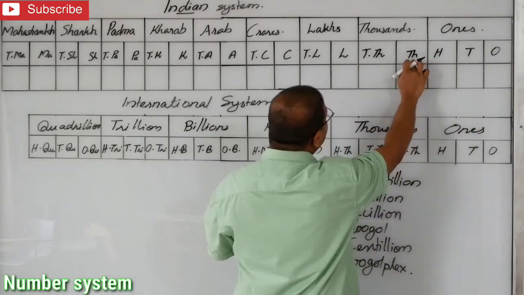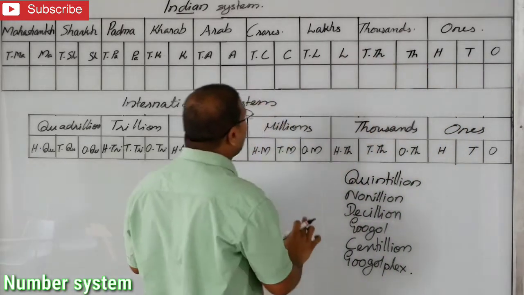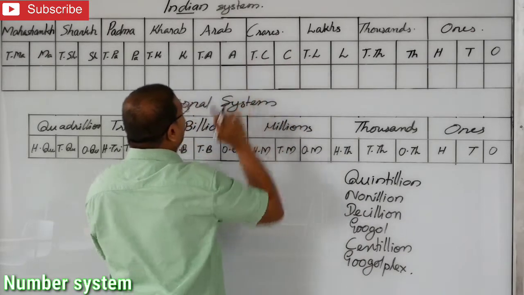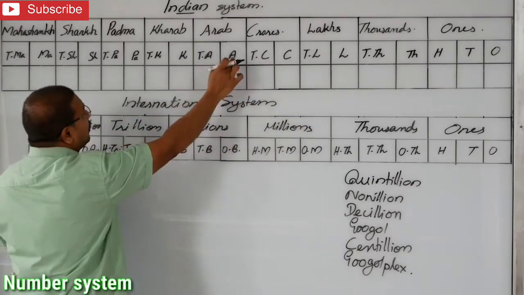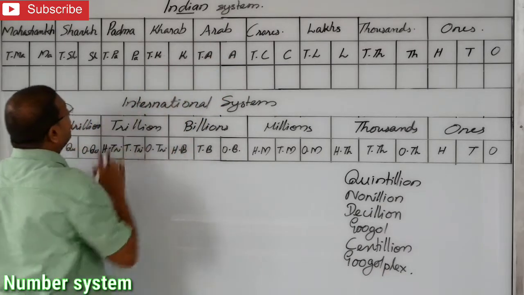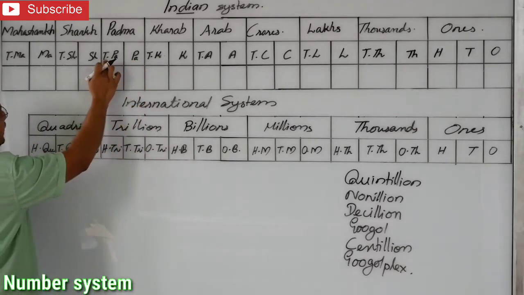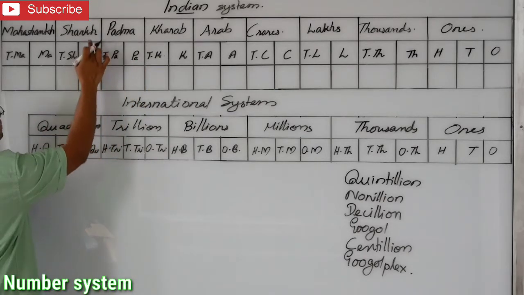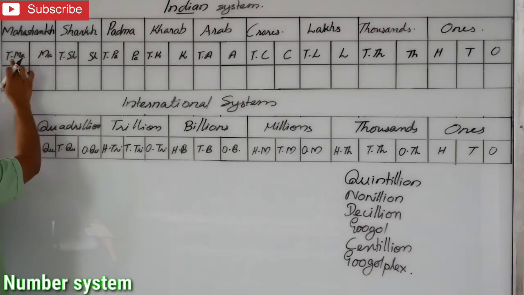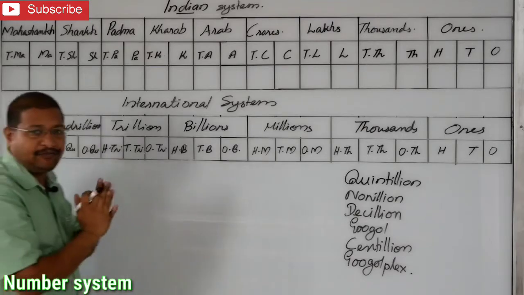After that 1,000, 10,000. When it comes to lakh, lakh, 10 lakh. Crore means crore, 10 crore. If it comes to arab, arab, 10 arab. Karab means karab, 10 karab. Padma means padma, 10 padma. After that shank, 10 shank. Mahashank, 10 mahashank.